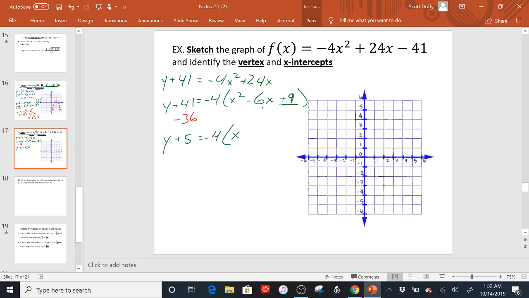Half of negative 6 is negative 3. So I know my vertex is going to be at 3, negative 5.